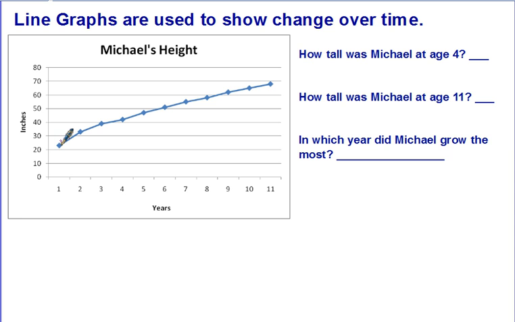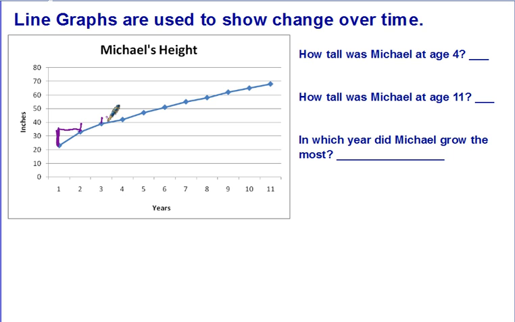Can you see that from age 1 to age 2, it went up over 10 inches right there, from a little over 20 to a little over 30. But nothing else went up that high. From 2 to 3 didn't.